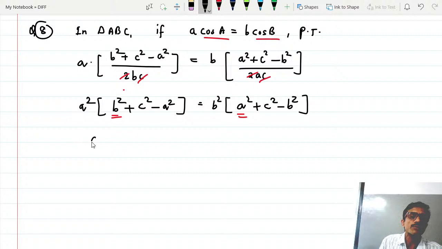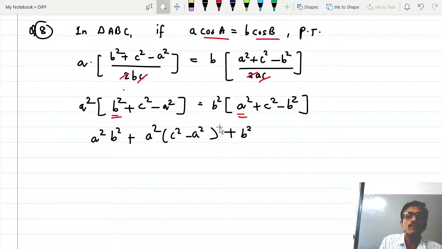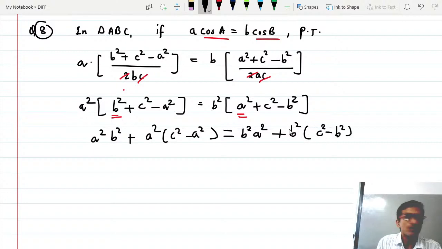First of all you expand this: a square b square plus a square c square minus a to the power 4, is equal to b square a square plus b square c square minus b to the power 4. So here a square b square is getting cancelled.